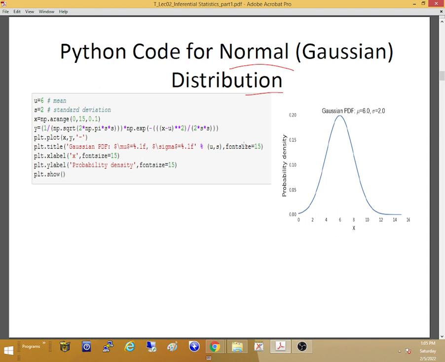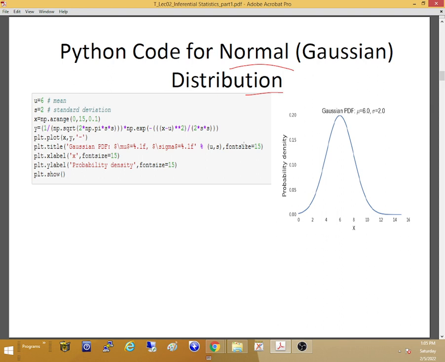If we plot the x values and y values, we will find this graph, and we can see that it is bell shaped, with these probability density values. Here is the plotting with a line, and the title is Gaussian PDF with the mu and sigma values.